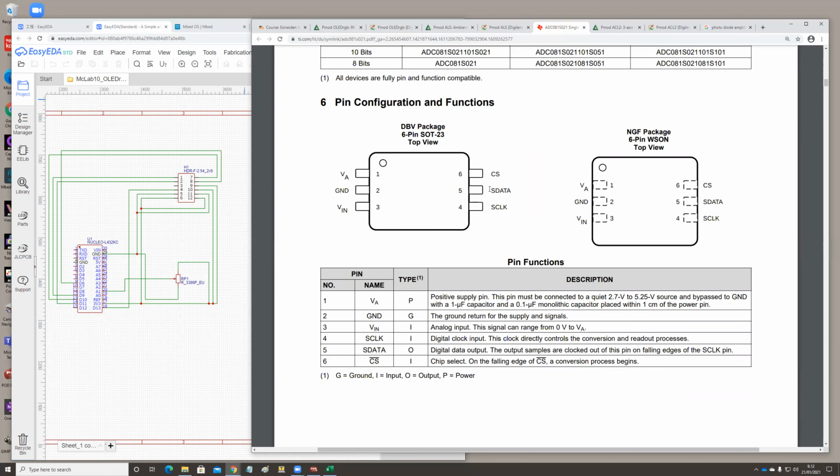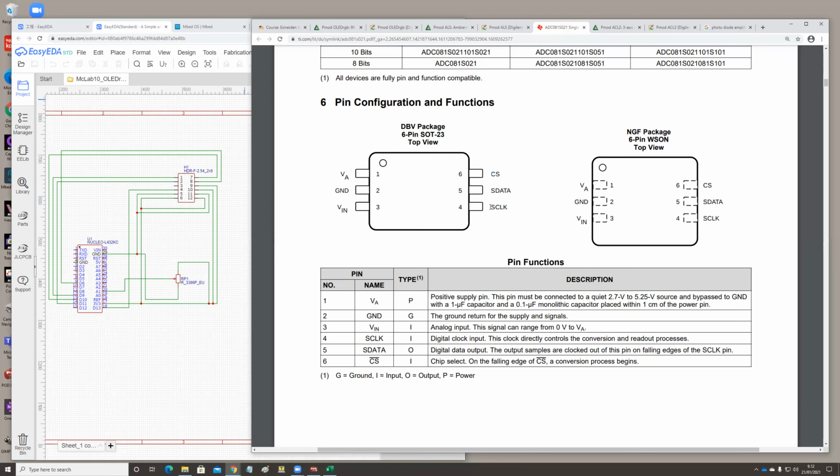And then we get the serial data out. For the serial data, it needs a clock signal and a SPI select. These are for the SPI interface on the microcontroller.